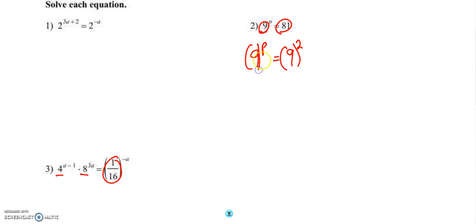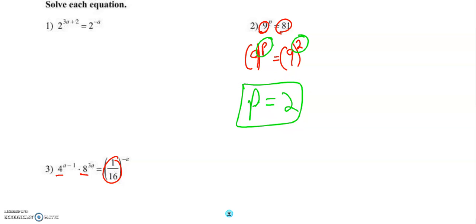As you can see, the bases are now the same, and we're going to just set the exponents equal to each other, because that is the rule from day 4, part 1 notes. And there you see that p equals 2 is our final answer. There's going to need to be more work done to answer number 3, but that's the idea behind how you solve equations such as these.